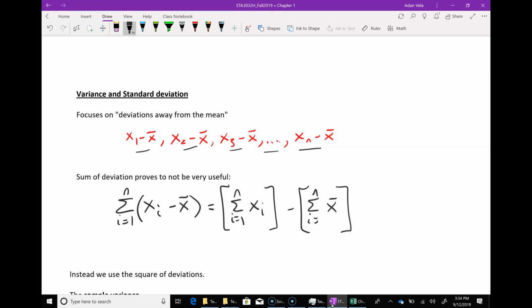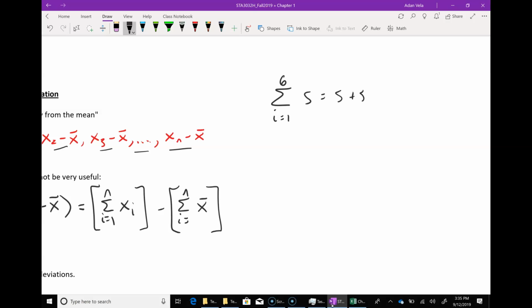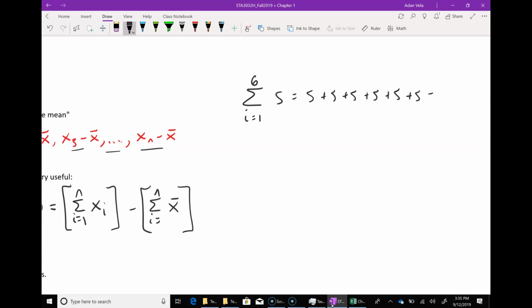One useful thing to know: if I have the number 5 and I want to add the number 5 six times, 5 plus 5 plus 5 plus 5 plus 5 plus 5, what am I going to get? 30.